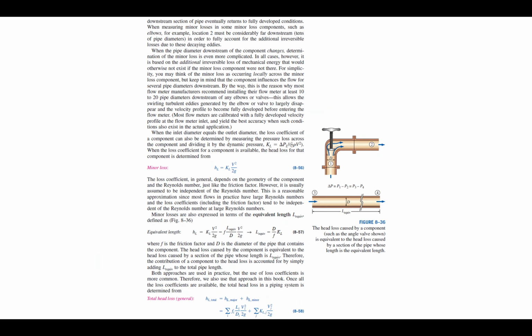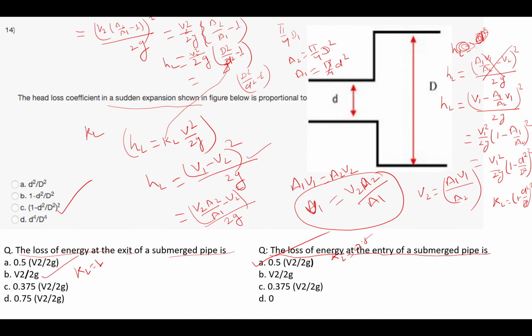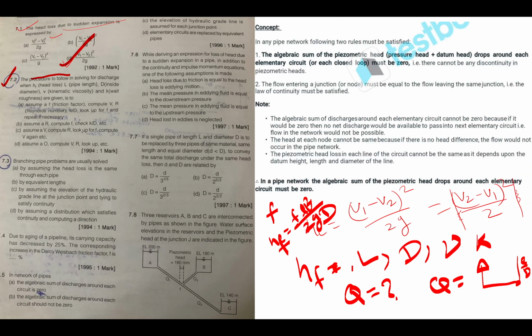So from the Moody diagram you can find it, and here is the Reynolds number and at this F. So now if you find Q, then you can also calculate velocity, and you will compare your Reynolds number and F value. If it is matching, then okay, otherwise not.